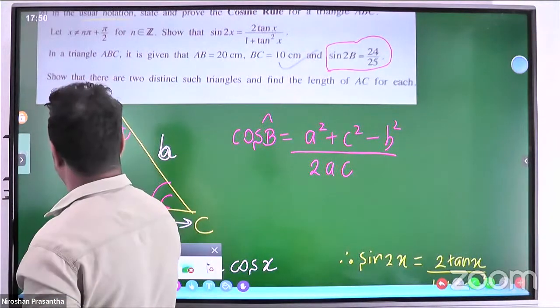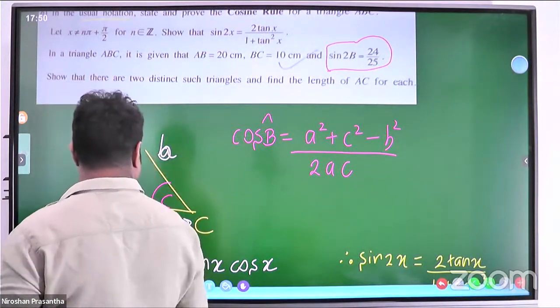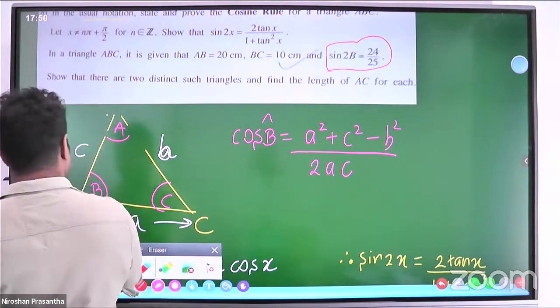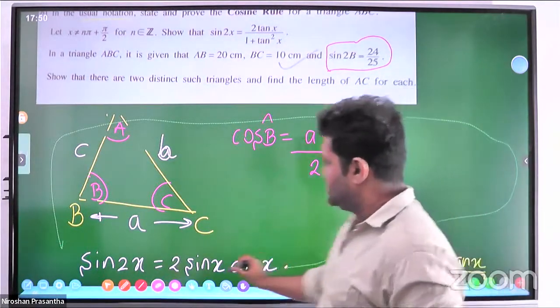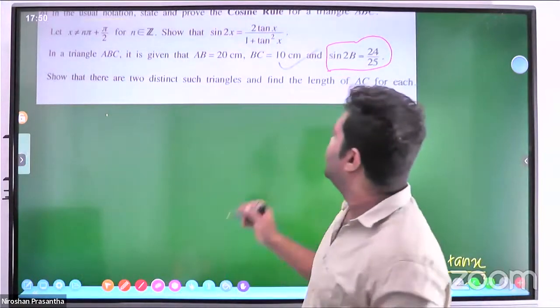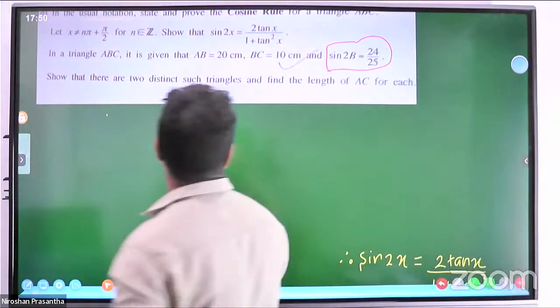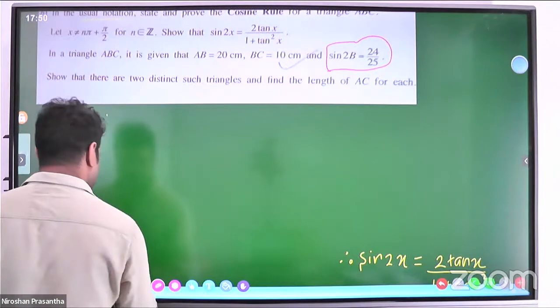We can prove it. Wait, I'll erase these cases. Now let's draw this diagram.